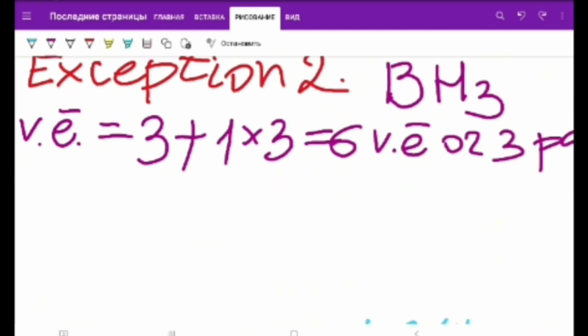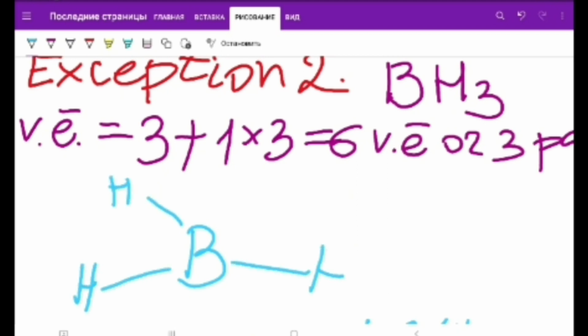Okay, let's try to draw its Lewis structure. Boron, H, H, H. We draw the skeleton. We should have 3 pairs, and we have 3 pairs: 1, 2, 3.